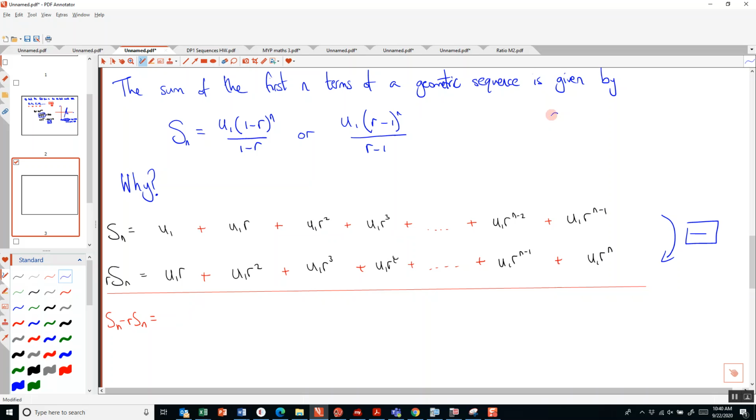Oh, wouldn't you be left with negative u1? Here's another example. I'm going to do this top line, take away the bottom line. What am I left with?